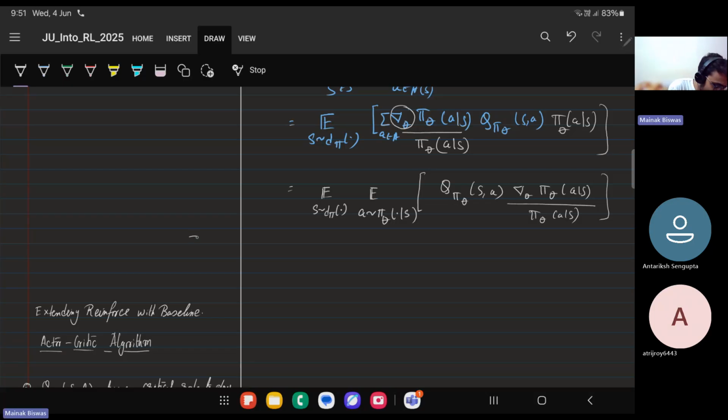The gradient of f(x) over dx, how do I write it? f'(x) by f(x). How can this be written as the derivative of log f(x)? Yes, we can write it as d ln f.